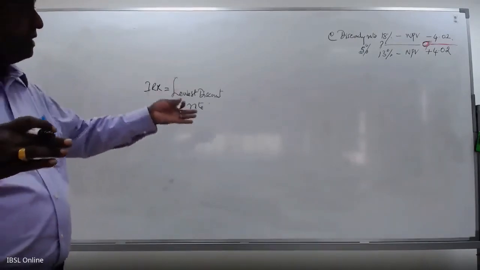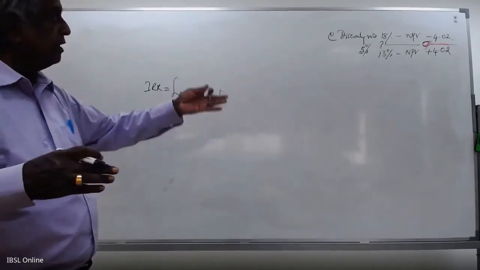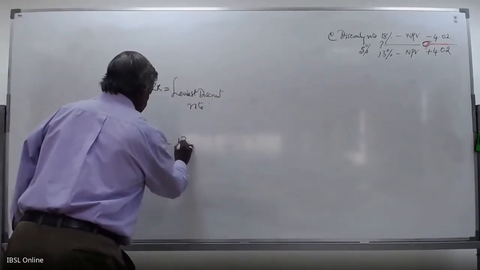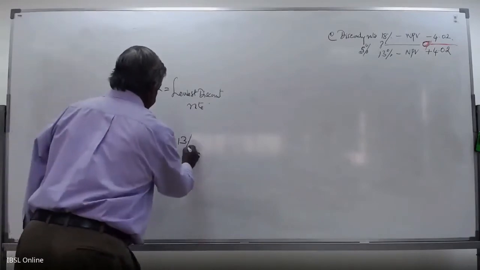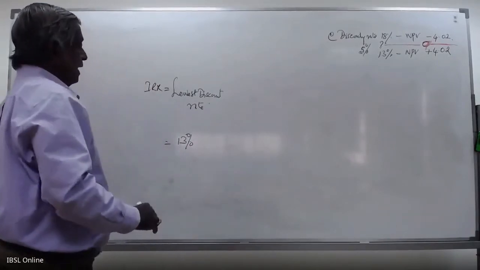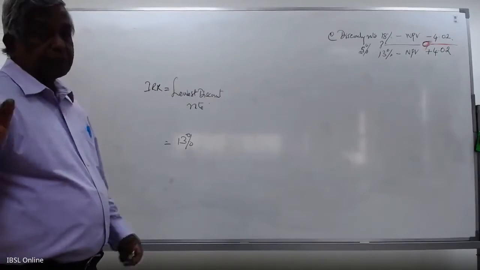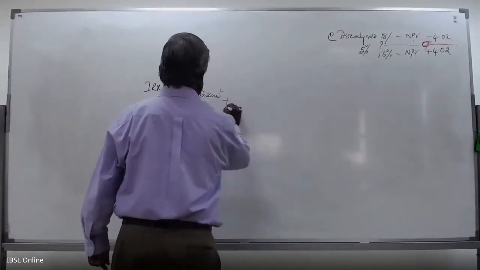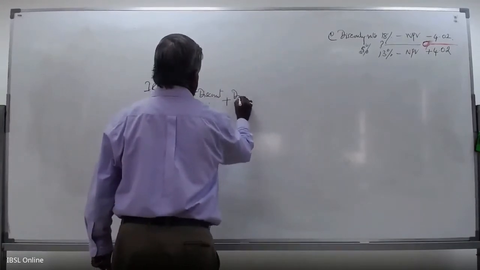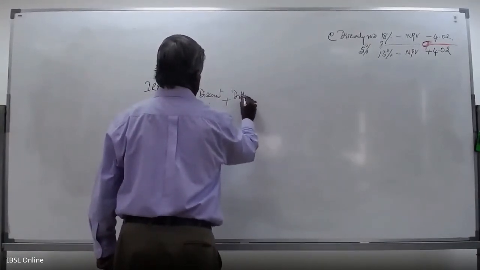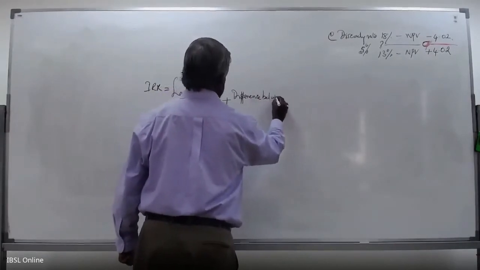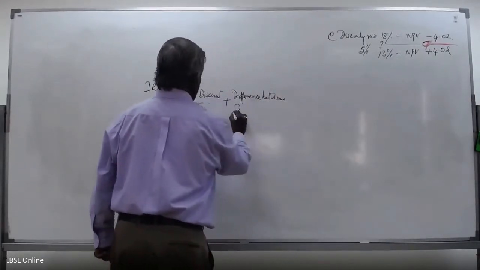Here in this example, the lowest discount rate is 13%. The formula is the lowest discount rate plus the difference between the two discount rates.